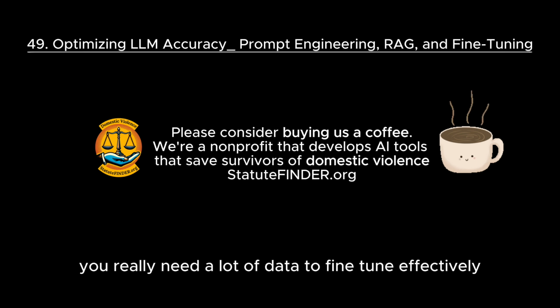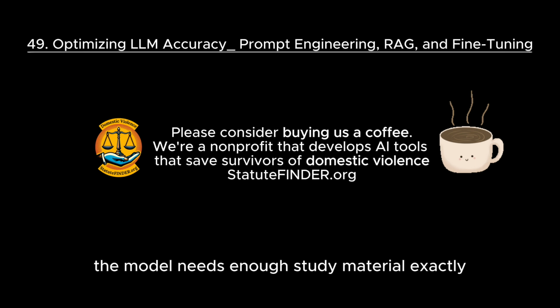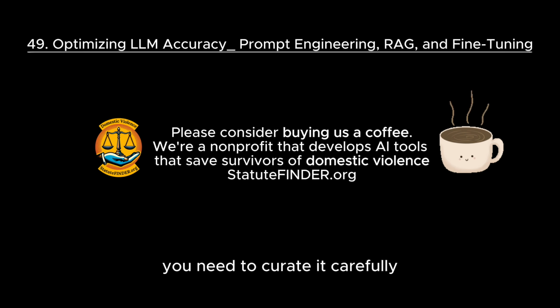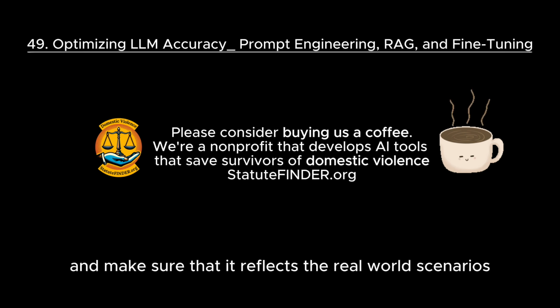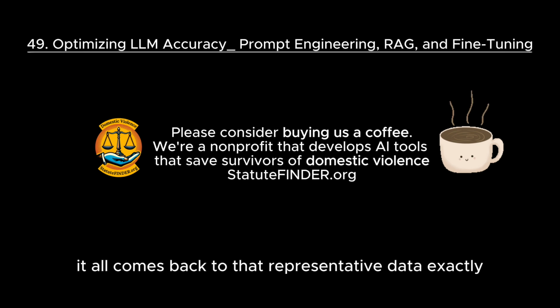You really need a lot of data to fine-tune effectively. Like studying for a test. The more practice you have, the better prepared you'll be. The model needs enough study material. And remember, it's not just about quantity, it's also about the quality of that data. You need to curate it carefully and make sure that it reflects the real-world scenarios the model is going to encounter. It all comes back to representative data.